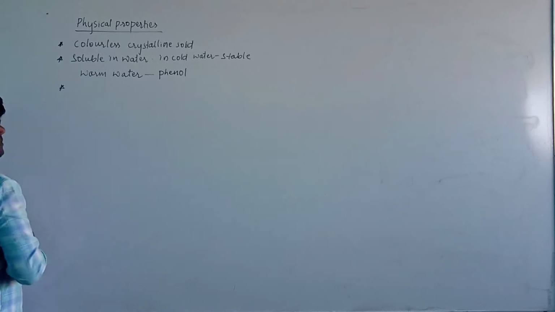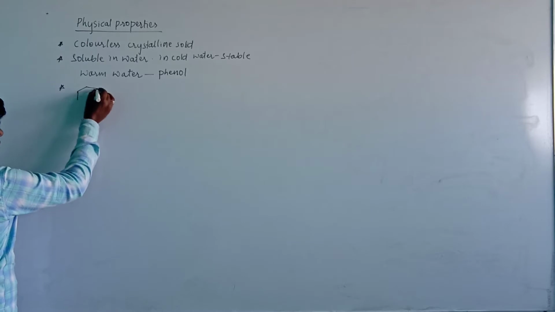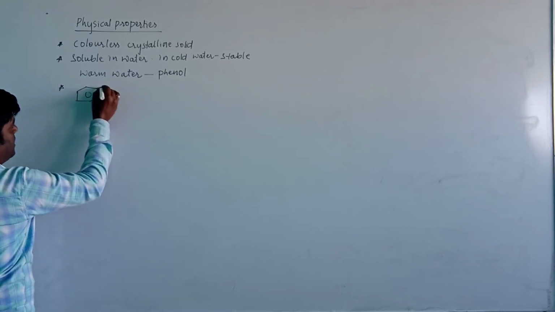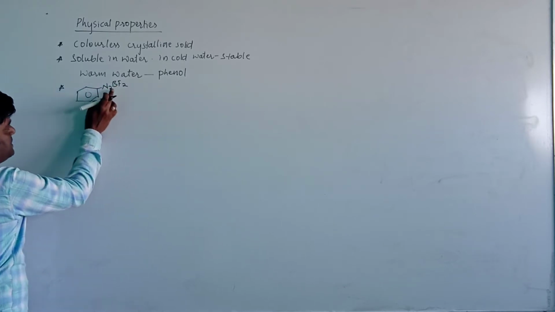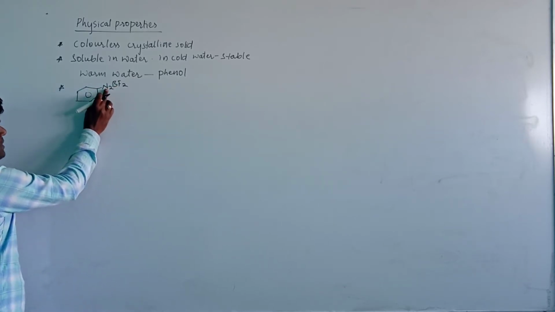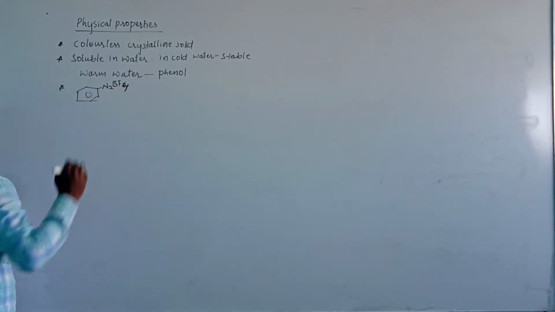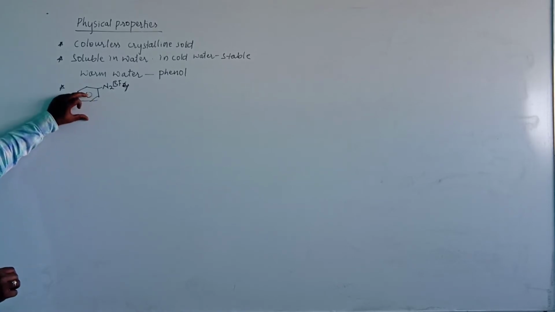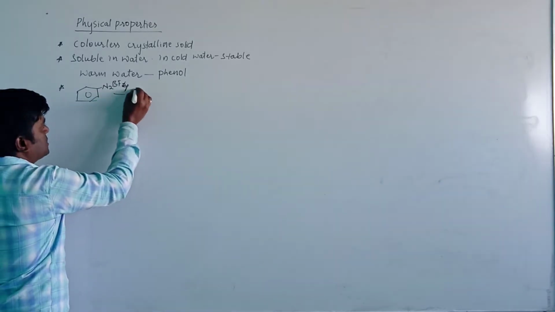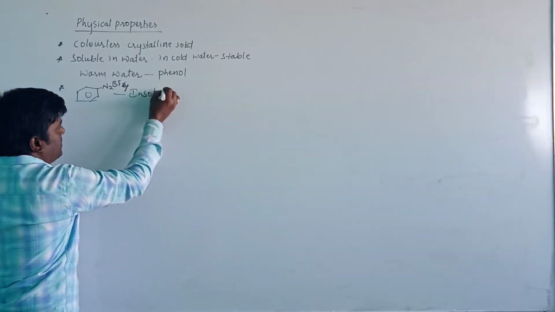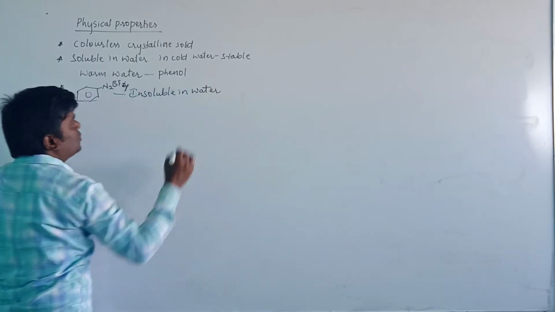We will use an example here. This diazonium salt is C6H5N2BF4, benzene diazonium tetrafluoroborate.